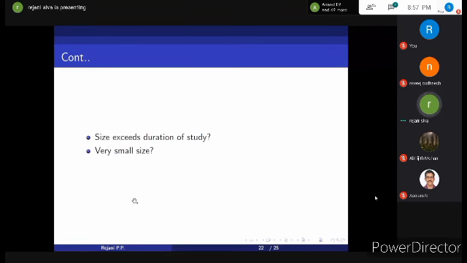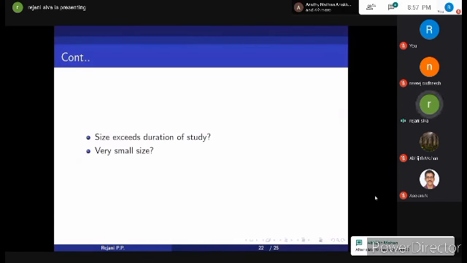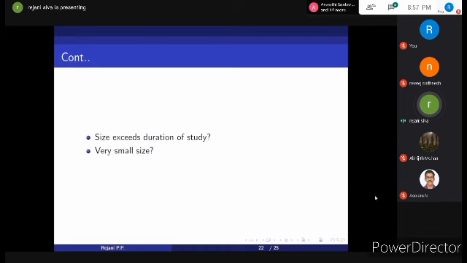Just go through the previous database, the 2018 or 2019 database, and apply your inclusion and exclusion criteria. Then assess how many cases you would get. And all possible cases should be taken for the study for the current period. You can start data collection after clearance from the ethical committee.